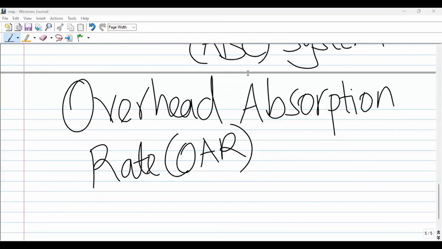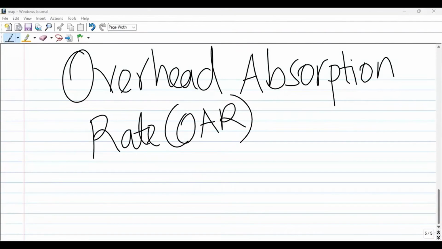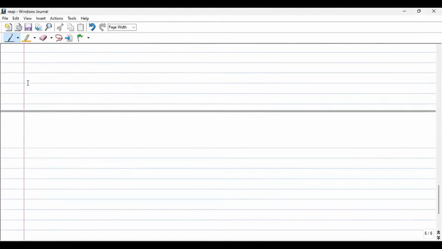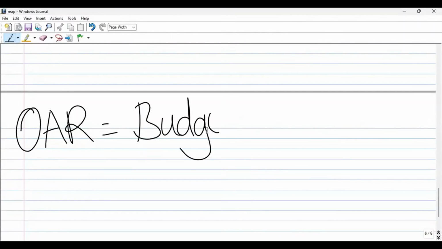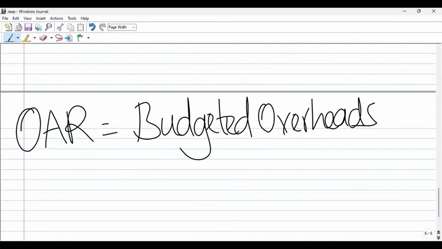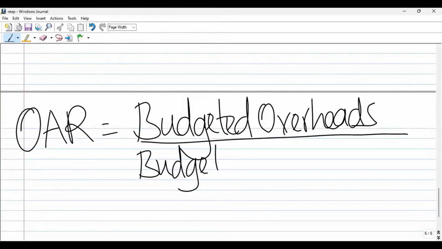In this case, the OAR will be computed as, then write this formula.